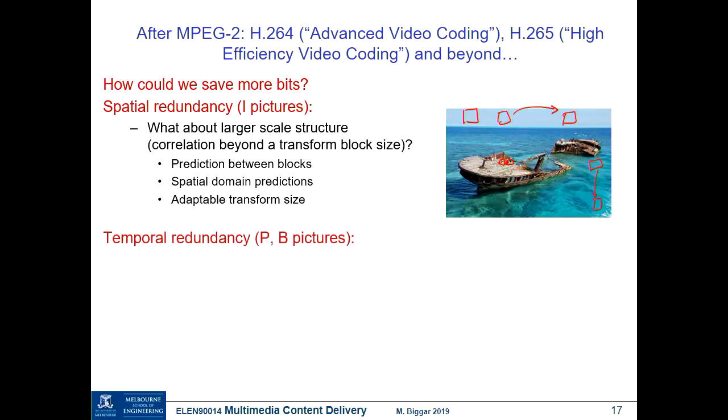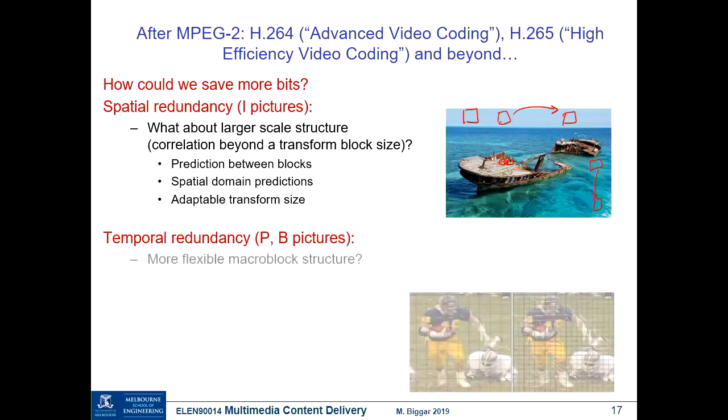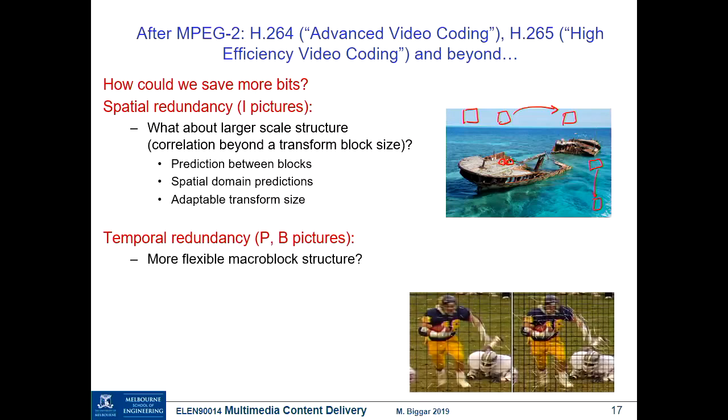The other area that stands out that we might be able to improve our coding efficiency is in terms of temporal redundancy. That is, when encoding P and B pictures. Because we've always in the past talked about this fixed block size. We had a discussion about, is it good to have a large block size or is it good to have a small block size?